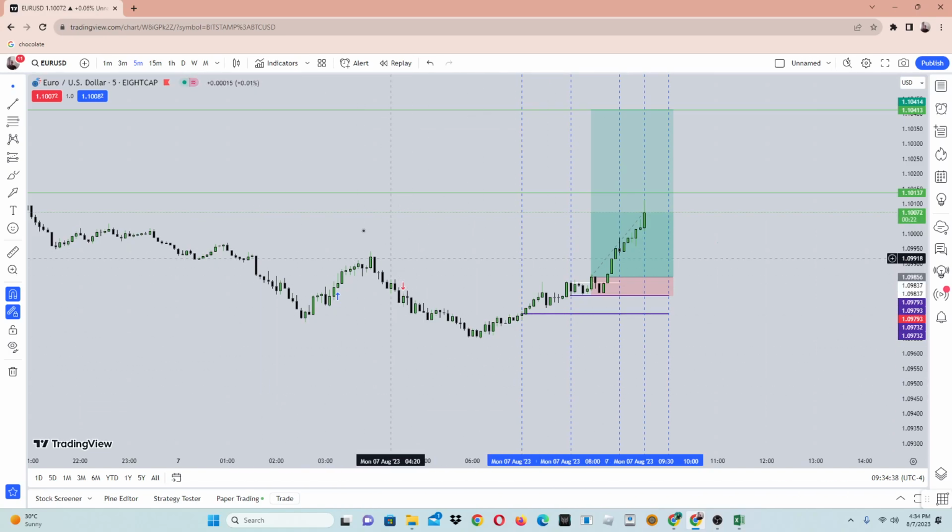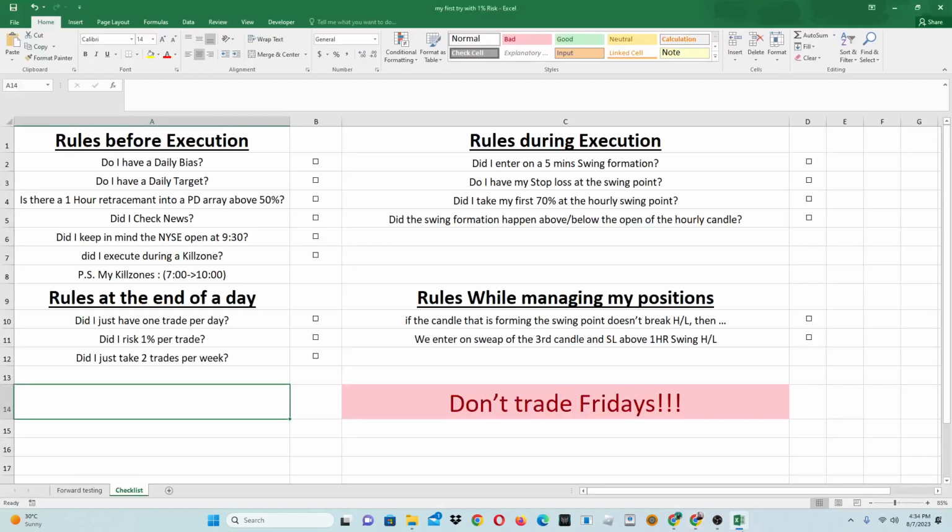So what happened is I took a loss right here, plus I added another rule, which is that I can just take 2% loss per week, 2 trades per week. So I took one trade, and I will wait for another opportunity to take another trade during this week, and if it does not work, I will be losing 2% this week.